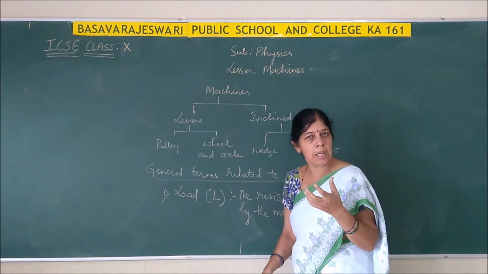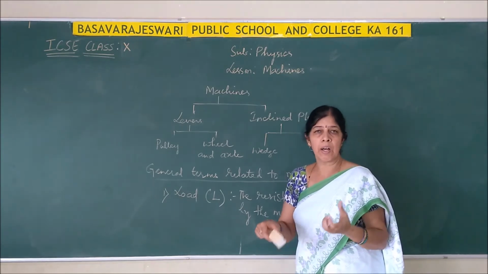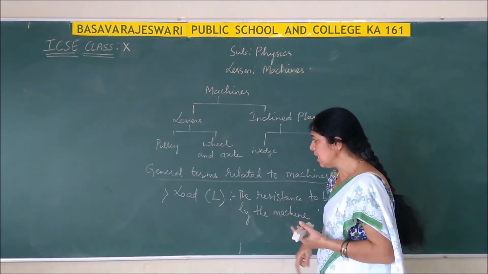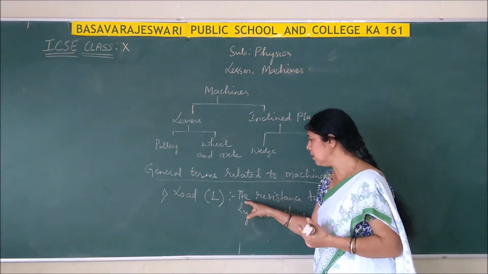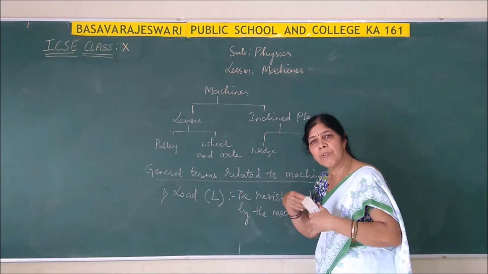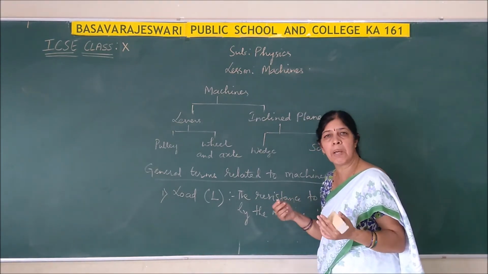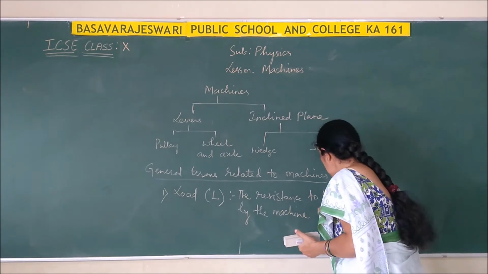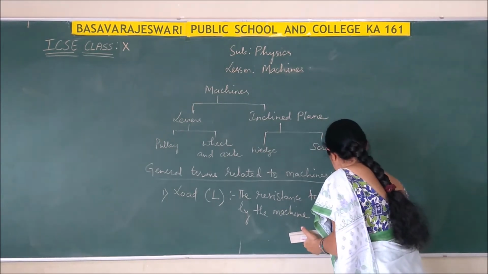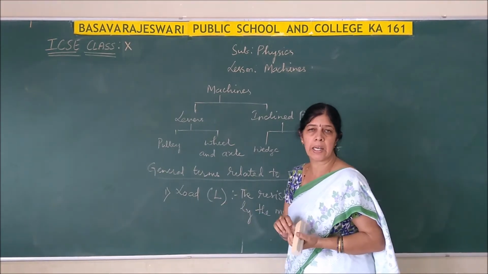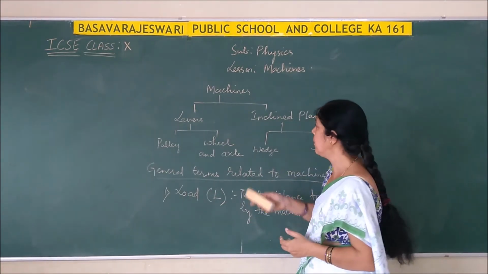Gravity acts towards the center of the earth, so there will be some resistance offered when you lift the object, and you have to overcome that resistance. So load is nothing but the object to be lifted by the machine, or the resistance to be overcome by the machine. Remember, load is represented by the capital letter L.